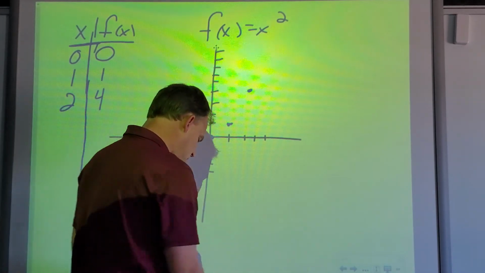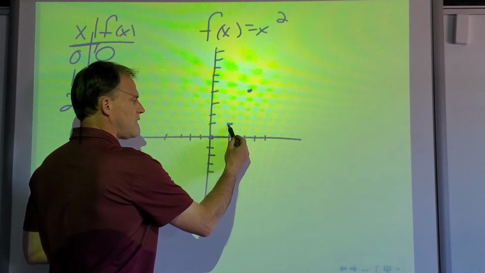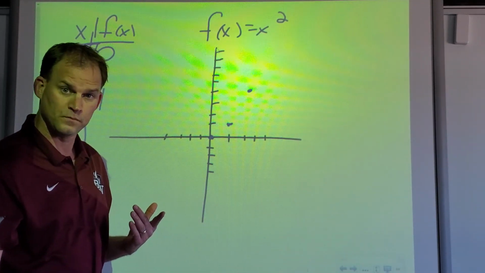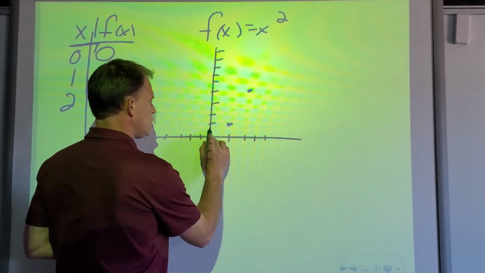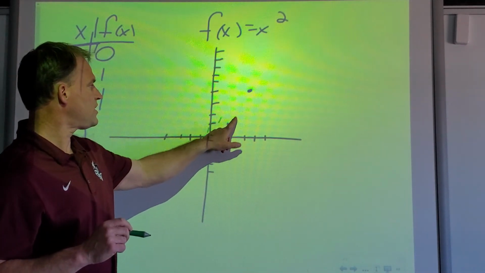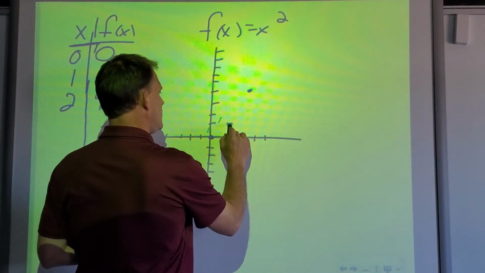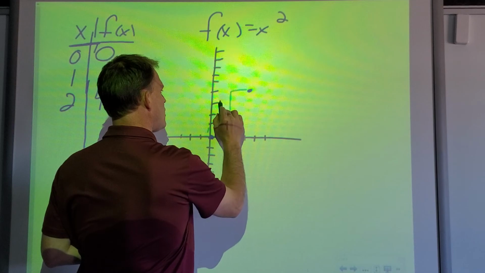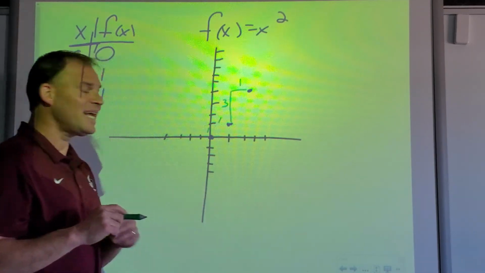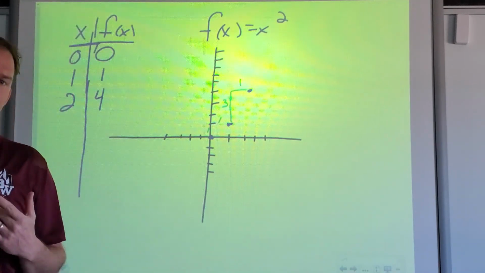So if I look at what's going on, what's the slope from this point to this point? 1, 1. What's the slope from this point to this point? Yeah, it is 3, 1. It has a different slope. It's not a straight line.